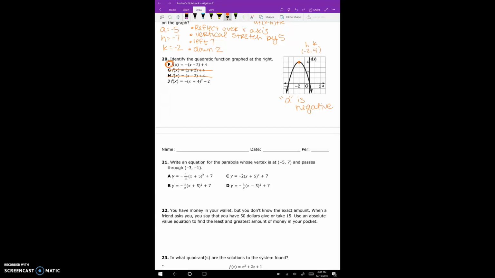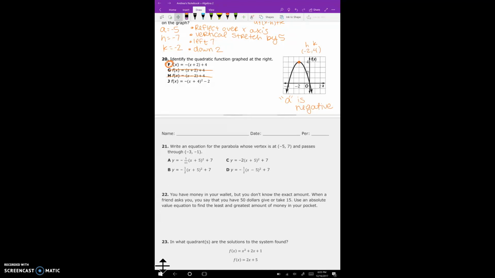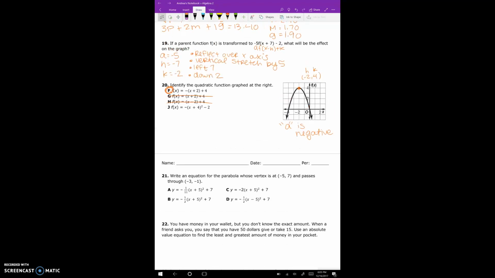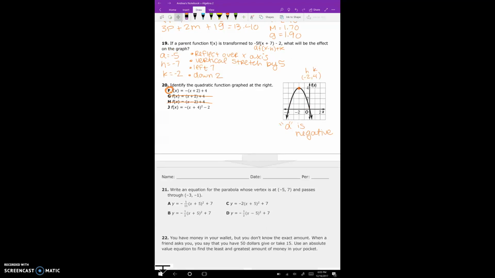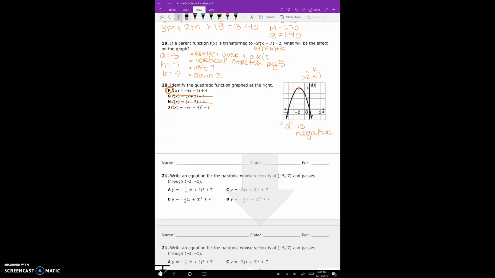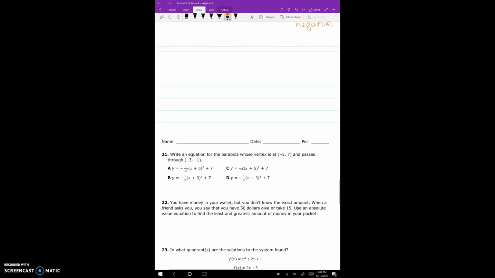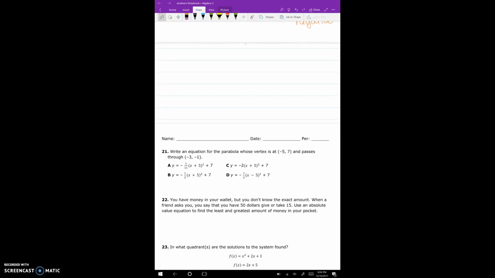The next one, write an equation for the parabola whose vertex is here and passes through this point here. One thing you can do if you have a calculator, you could definitely plug in those answer choices and see which one will match those points that you're given. If you don't have a calculator like me, then what you can do is plug these into the vertex form equation as H and K and X and Y and figure out what A is.